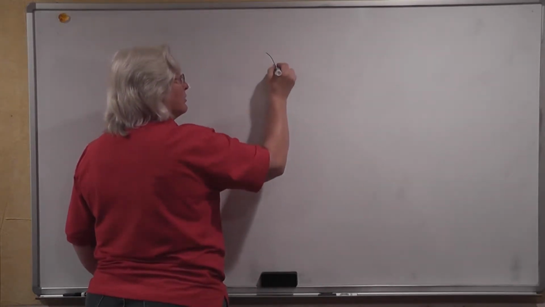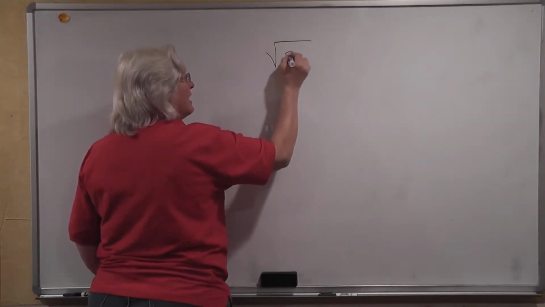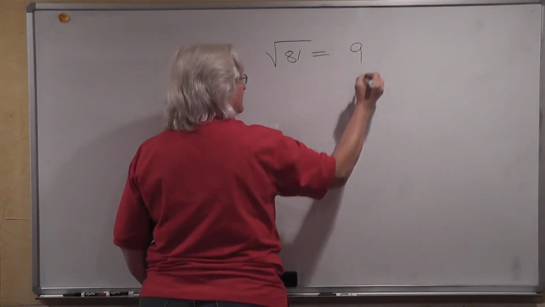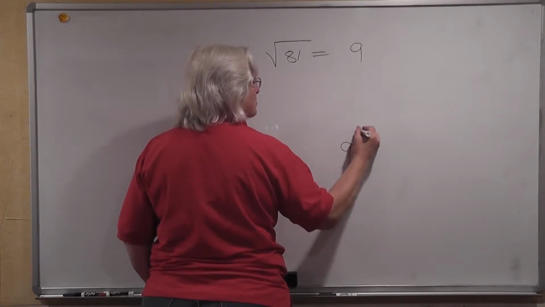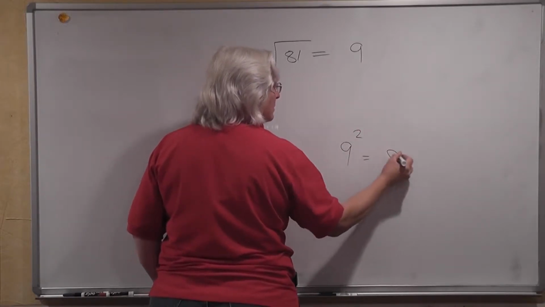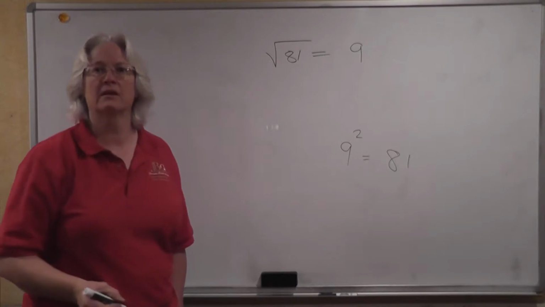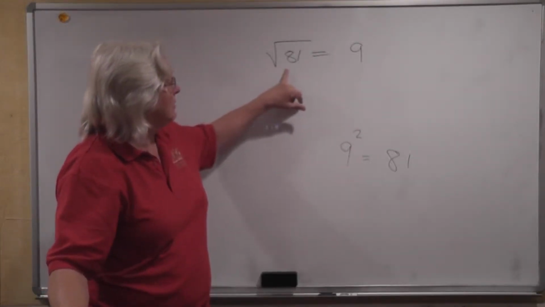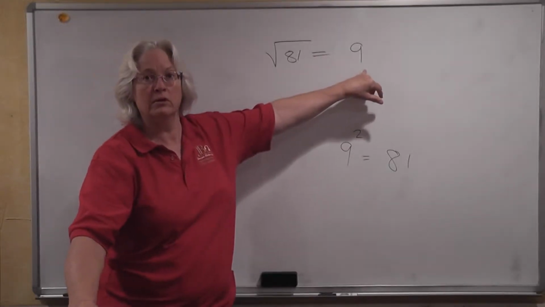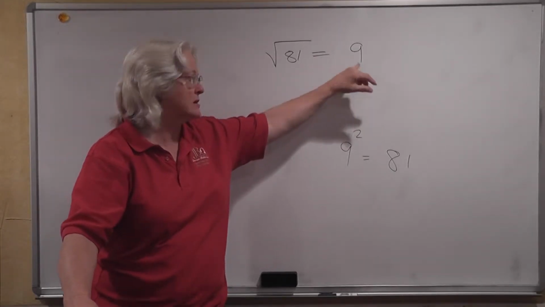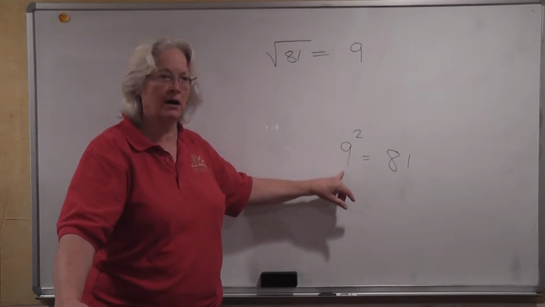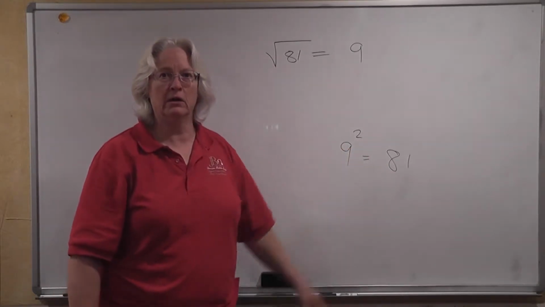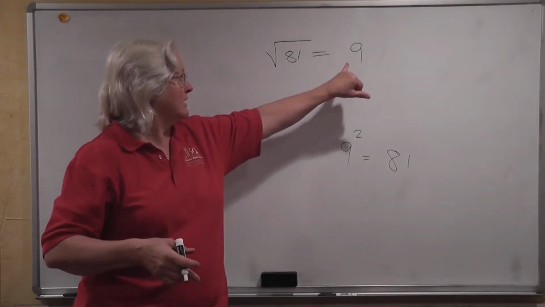The square root of 81 is the number that, if you take its square, you get 81. That's what that says, just in numbers. The square root of 81 is the number 9 because when you take 9 and you square it, you get 81.